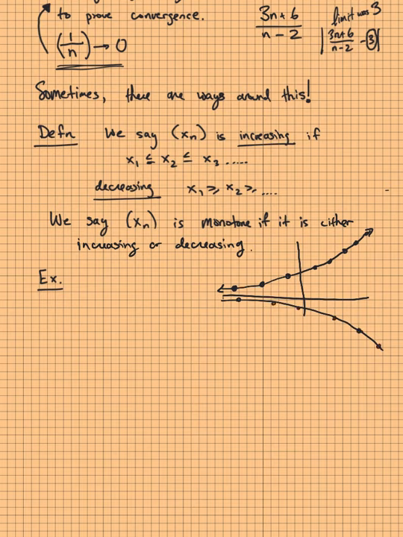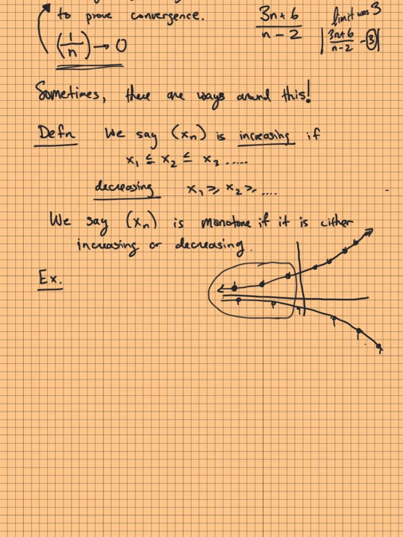So the picture looks something like this. These would be the terms of my sequence of an increasing function, and this would be the terms of my sequence of a decreasing function. And I know I included the domain of negative numbers here, but I hope it's still good motivation.